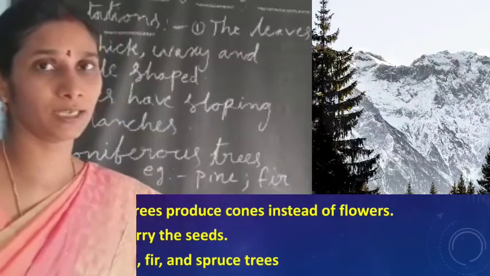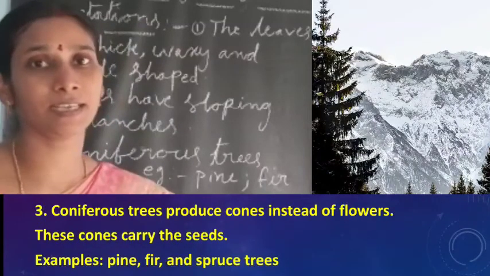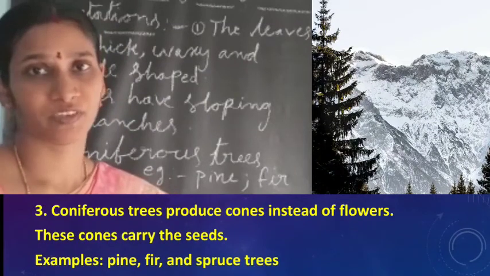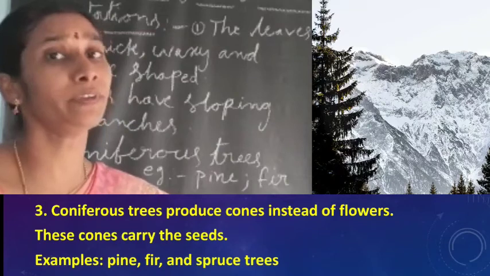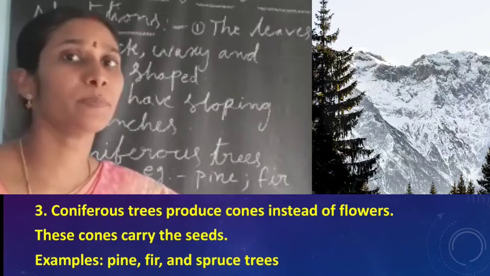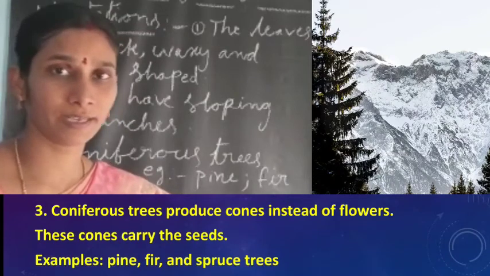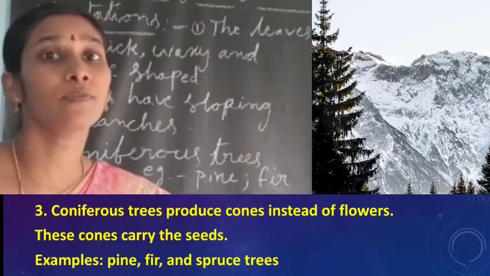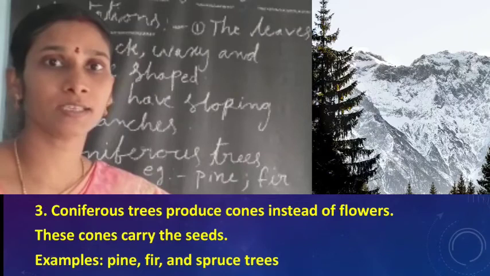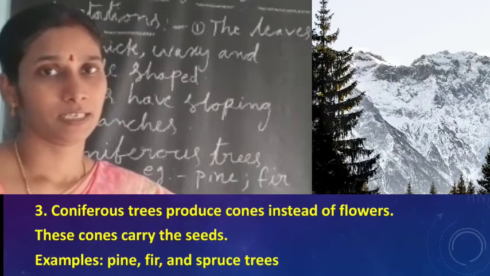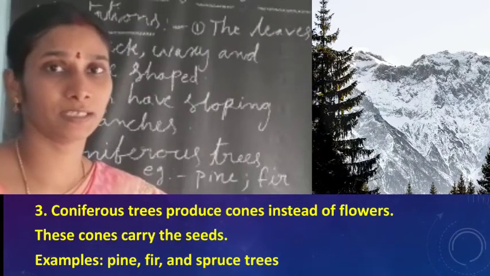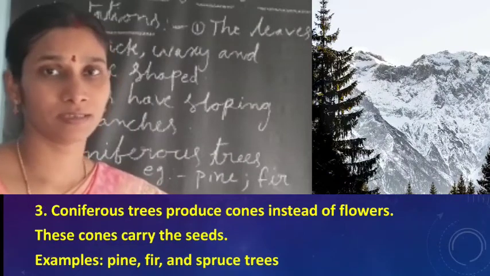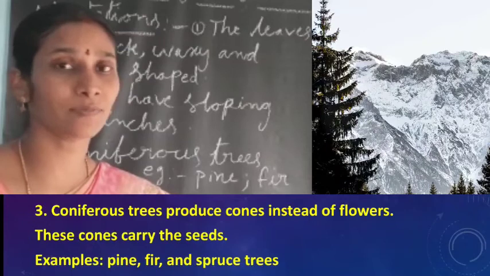In the hilly regions, we can mainly observe coniferous trees. What is meant by coniferous trees? Trees that produce cones instead of flowers are known as coniferous trees. Generally, plants which grow in our surroundings have flowers, and inside the flowers there are seeds.